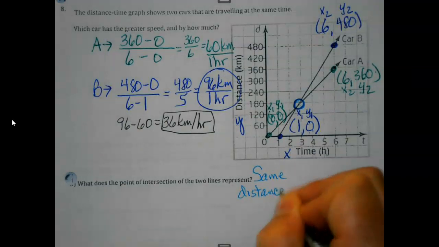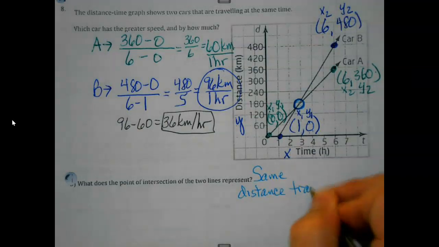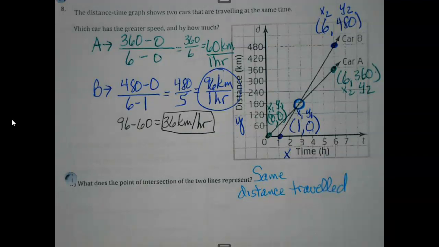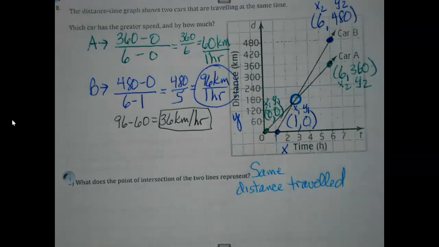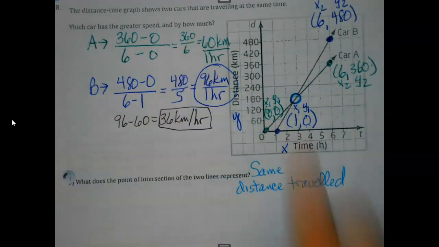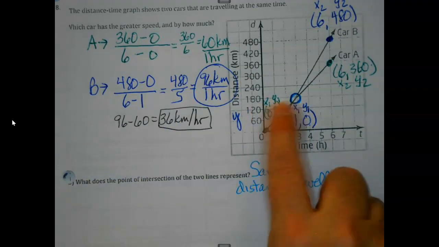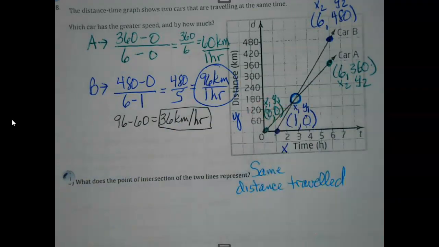Couldn't tell you. At that point, it's the same distance that they'd traveled. They hadn't been traveling the same amount of time. They definitely weren't going the same speed. But where it crosses, they both have gone the same distance at that point.